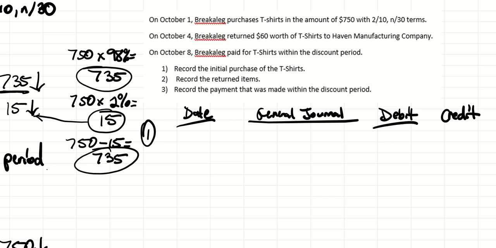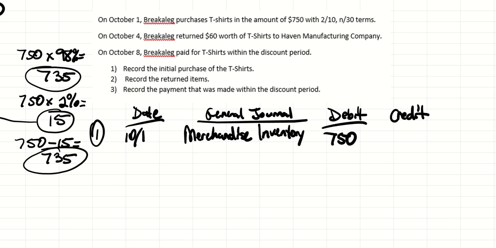The initial purchase of the t-shirts occurred on 10/1. When the t-shirts were purchased, they were purchased with credit terms. So we're going to debit merchandise inventory because inventory was acquired, in the amount of $750 because we are using the gross amount. How was it acquired? Well, we have credit terms here of 2/10 net 30.